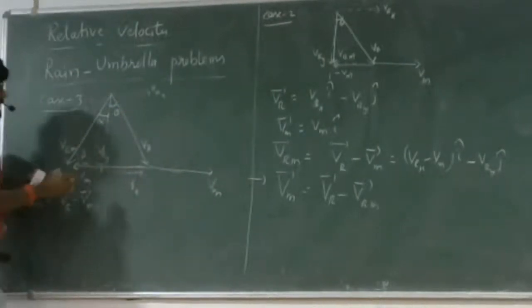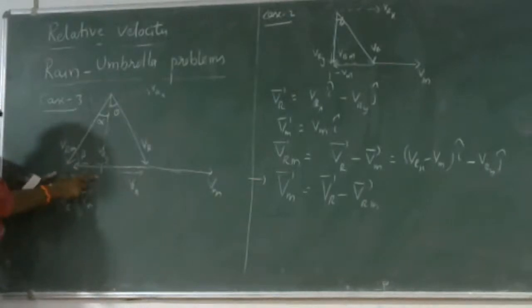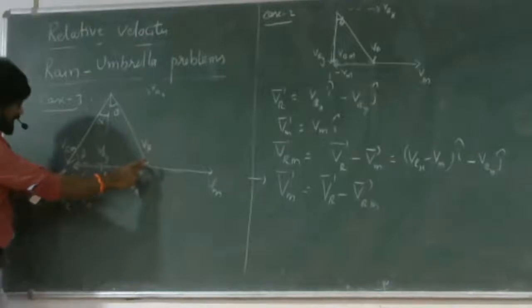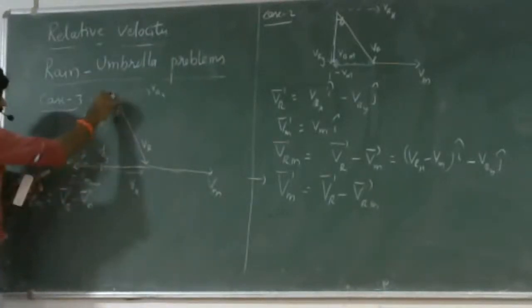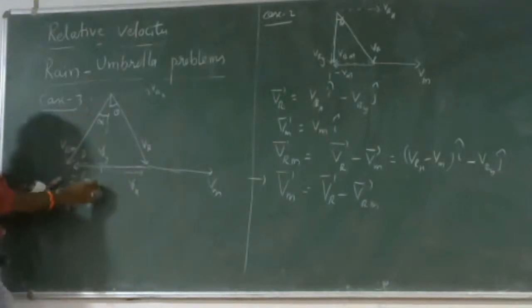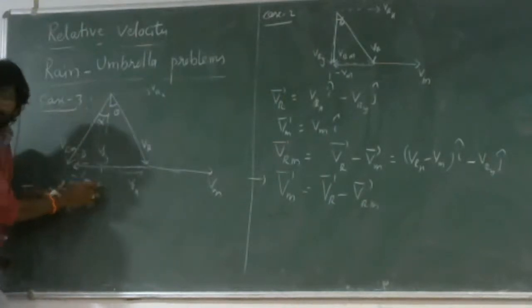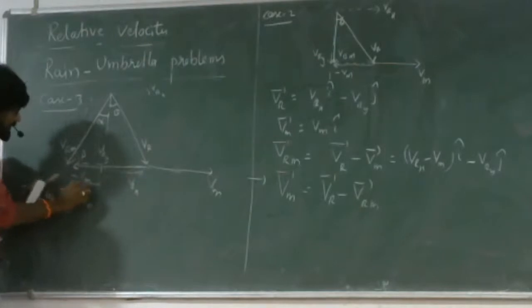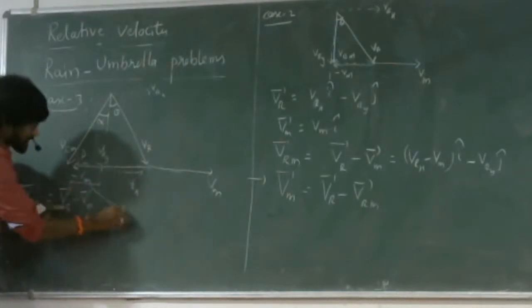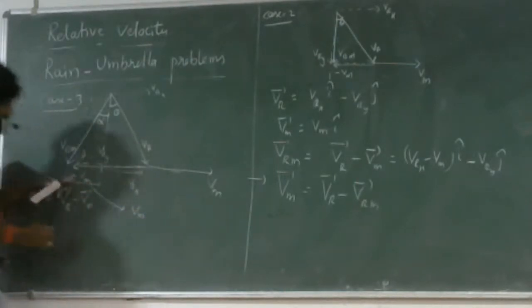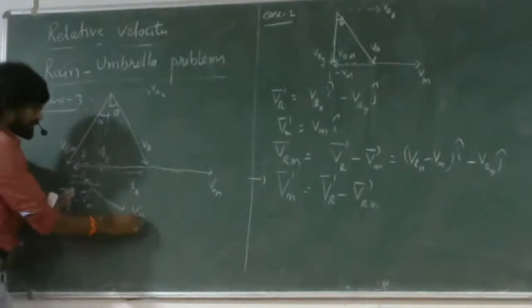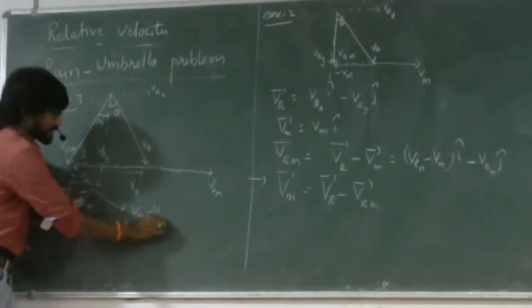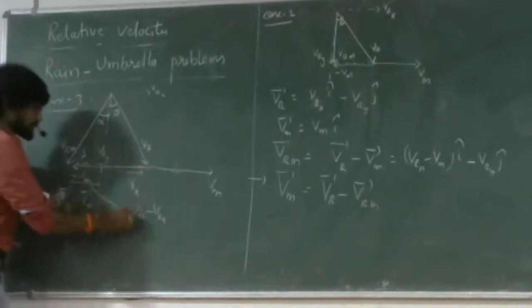So now, if you want to find this, in this Vm, if you subtract Vrx, you will get this much. For this triangle, if you want this side, are you following this carefully? This side is Vm, actually minus Vm, only magnitude if you want, Vm minus Vrx, will give you the magnitude of this.